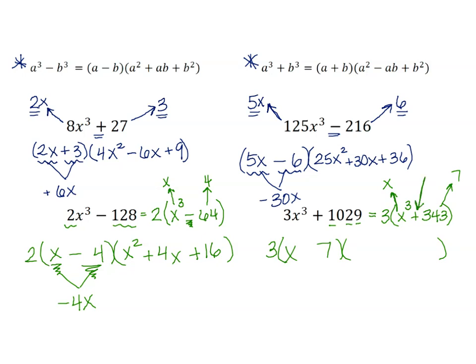The original sign in the problem is the sign in my binomial. And now I'm going to create the trinomial. To get the trinomial, I'm going to square this term. I'm going to square this term. And then for the middle term, I'm going to multiply and take the opposite.